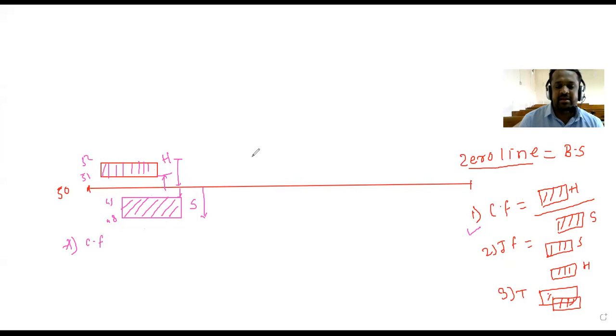In a similar manner, again we have to show the interference fit. How to show the interference fit? See, again we have to show one tolerance zone on this side. Again, I will write down the tolerance zone on this side.